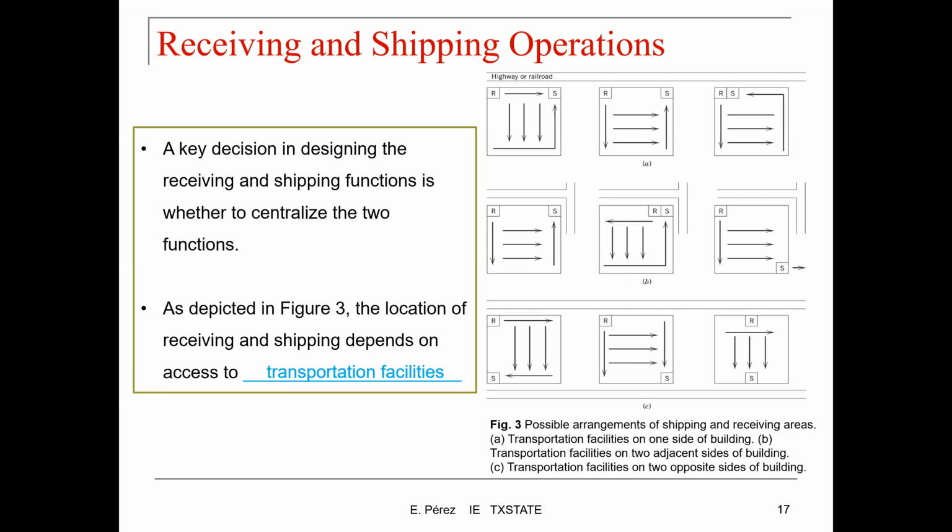For example, if you have access to a highway and railroad here, look at the top. This is the access that you have for transportation. Then you want to put your receiving and shipping functions next to that area.